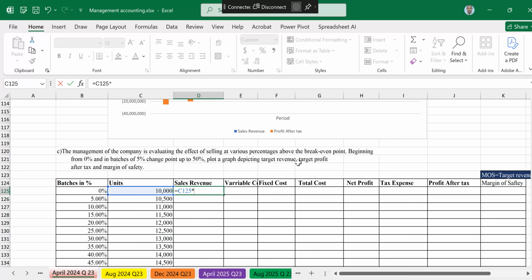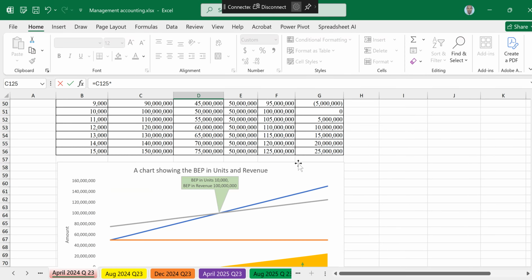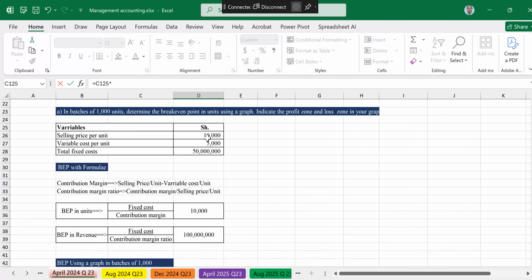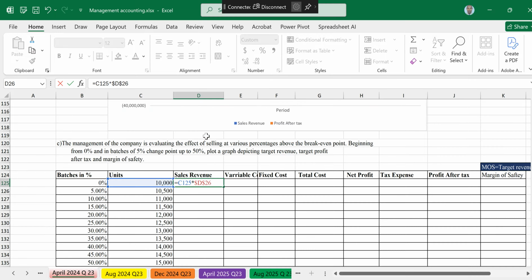Sales price was up under the variables, that was 10,000, the selling price per unit. Then you lock that. Or if you don't want to move up there, just multiply with 10,000. So for me, I've clicked on 10,000, I enter, then drag down.